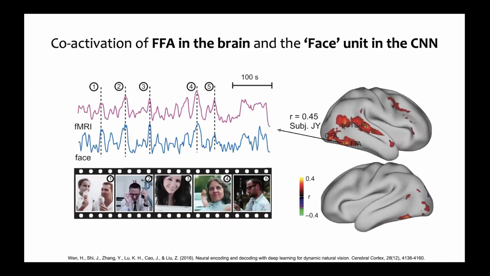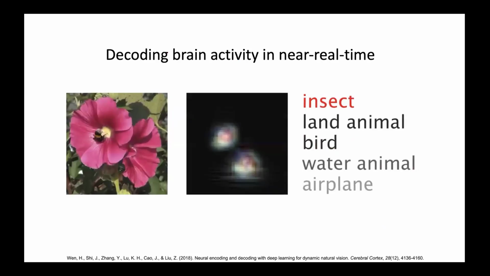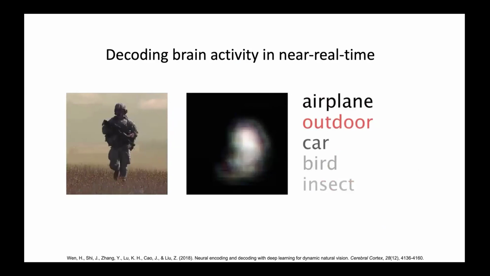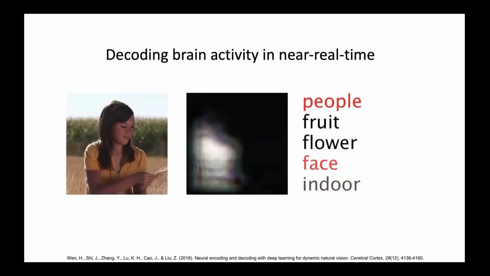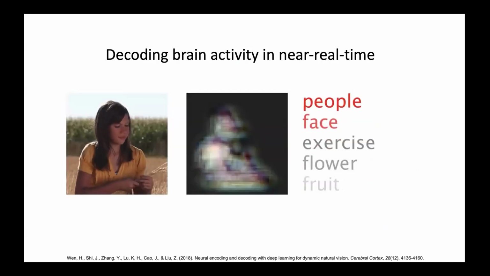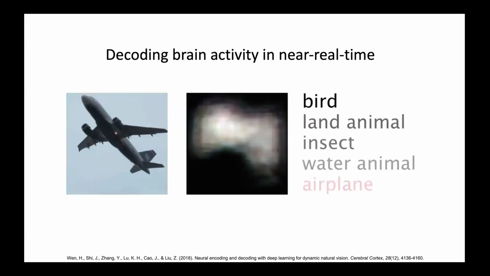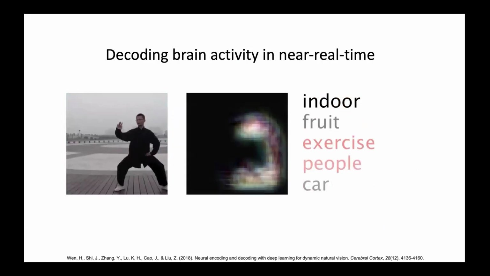It also maps the face processing networks, without doing face localizer task paradigms. It could also, to some extent, decode the brain fMRI responses, reconstructing some visual patterns and categorical representations. So it captures both the semantics and the visual features.